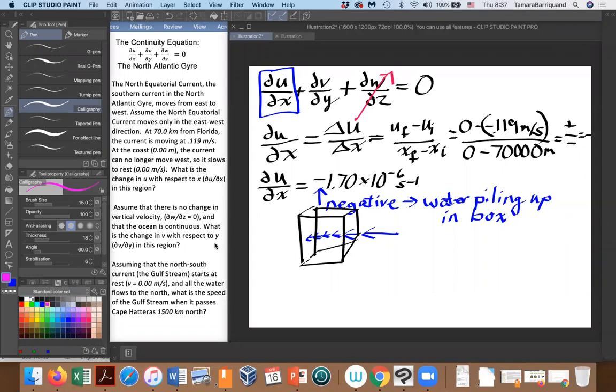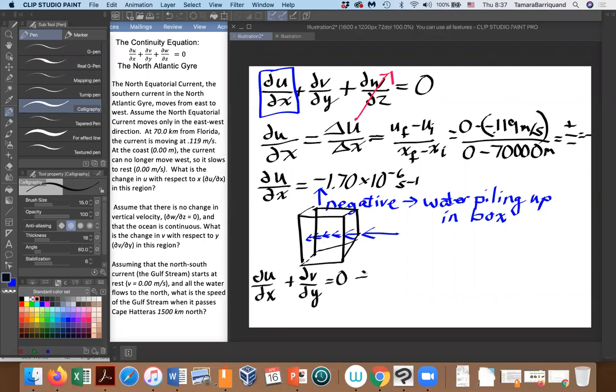So what I want to figure out now is, what is the change in v with respect to y, dv dy, in this region? Well, if I set this equal to 0, and I know what du dx is, I can just solve for dv dy. So if I rewrite this right here, I see that du dx plus dv dy equals 0.